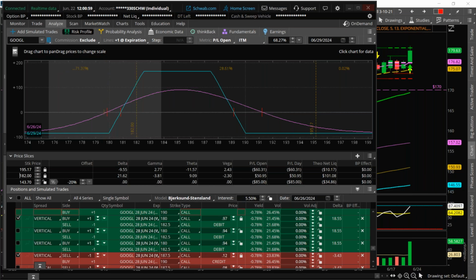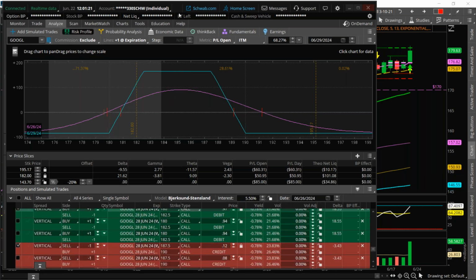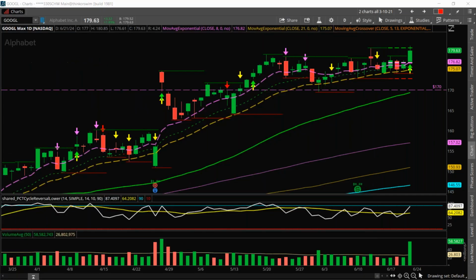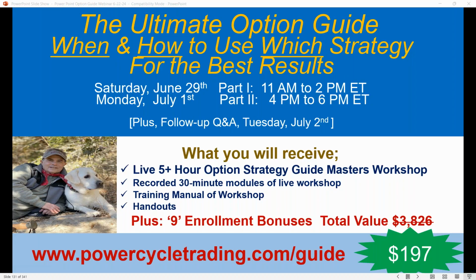You can see on Wednesday morning, if you came in and it's trading at 182 right there, this spread will be up 50 bucks, or 51 bucks, maybe up a little higher, but this is not exact. And that would be on the risk of 85. So you're still getting a really good return. That's a big part of the course: the modeling, how to use your indicators, how to use the platform, and things like that. So that's pretty much it.